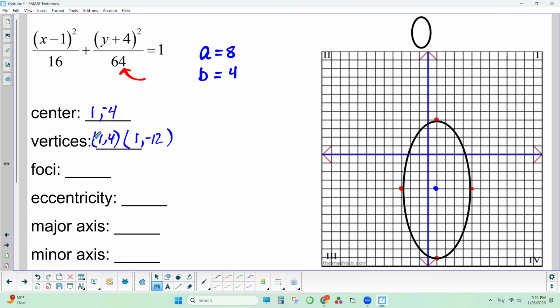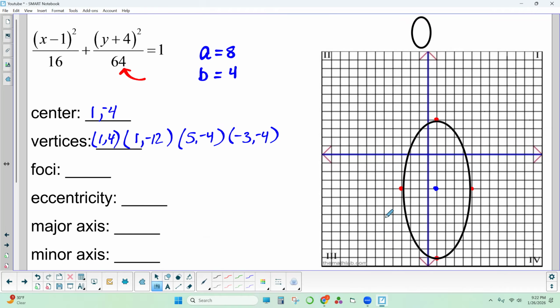Major vertices. My minor vertices are at (5, -4) and (-3, -4). Minor vertices.